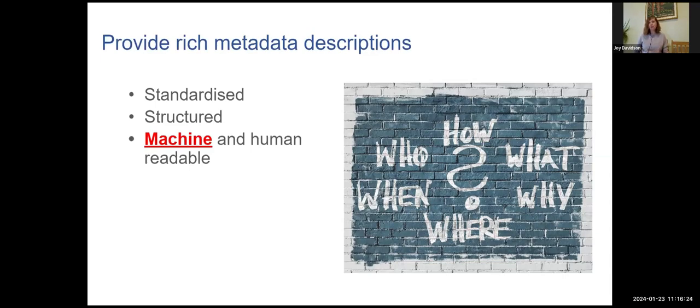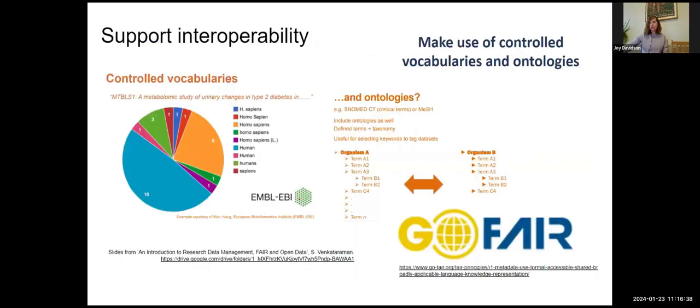And again, here, the key thing to ensure fairness is that the metadata has to be understandable by both humans and machines. So that aspect is something that's crucial. I mentioned earlier the use of vocabularies and ontologies can be really helpful for supporting interoperability. But again, these things tend to happen during the active stage.